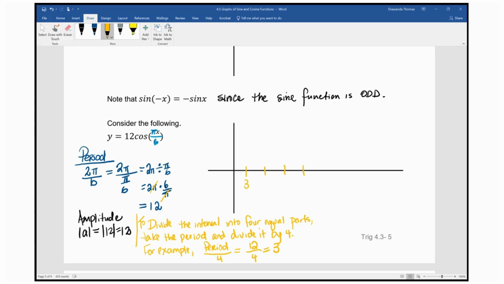Then it'll be by 3s every time: 3, add 3 to that, 6, add 3, 9, add 3, 12. That's just another way you can divide up your midline, or your x-axis, into 4 equal parts, if you like that way. All right, we know that our amplitude is 12, so I'm just going to add that, 12, up here.